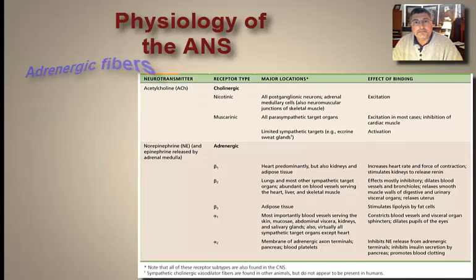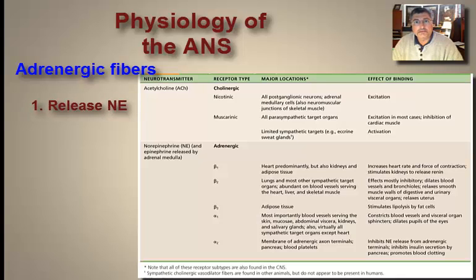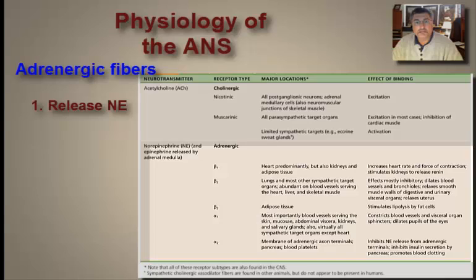The second type of fiber that we have is the adrenergic fibers. Recall that adrenergic fibers are those fibers that release norepinephrine. The adrenergic fibers are going to be most sympathetic postganglionic axons, except for those innervating sweat glands and blood vessels of the skeletal muscles, and also those associated with the external genitalia.